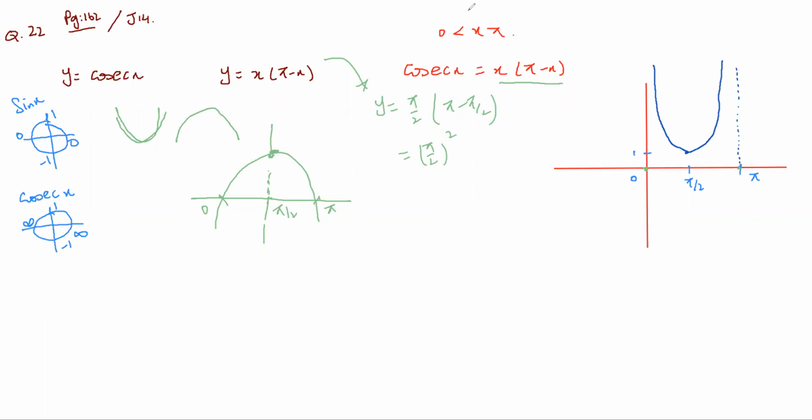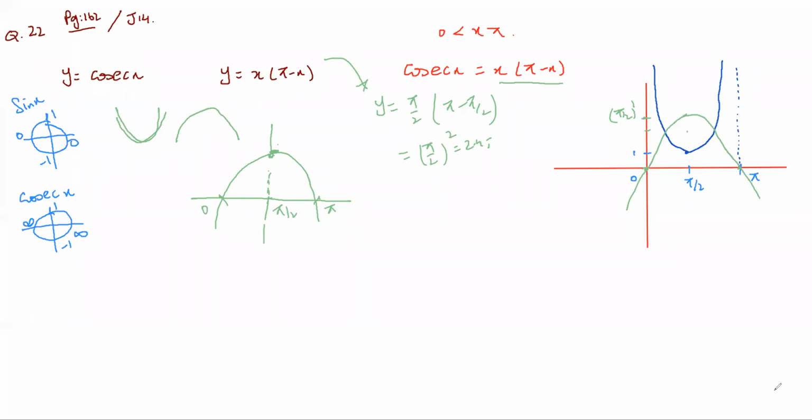This is going to be 2.45 approximately, which is much higher than 1. This value is pi by 2 whole squared over here, so this has to be a symmetric graph. This is going like this, and then going like this from here. So we have drawn this sketch, and we have shown that yes, these two graphs are intersecting at two different points. Now, just remember this sketch.